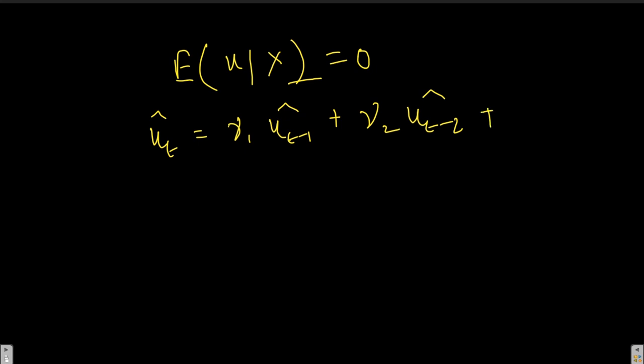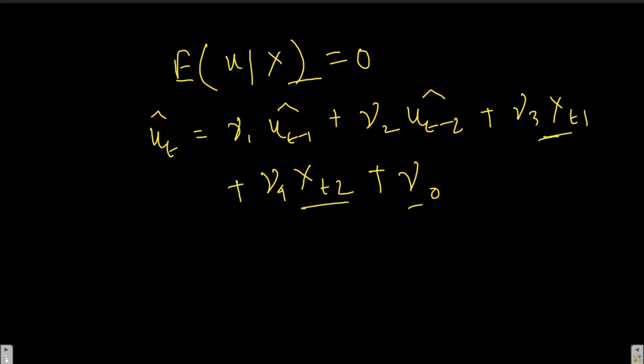And since these xt's are related, I have a gamma 3 xt1, the variable name was xt1, and a gamma 4 xt2, and then a gamma 0 as the intercept term. The reason I am including these independent variables in my regression equation is that, since they are related to the error terms, it is important to introduce them so that I can make the error free of these influences.